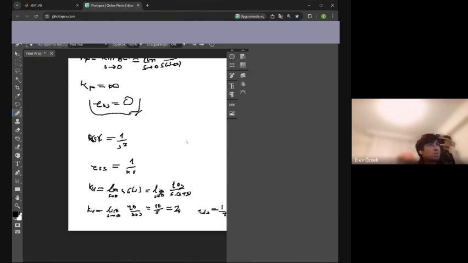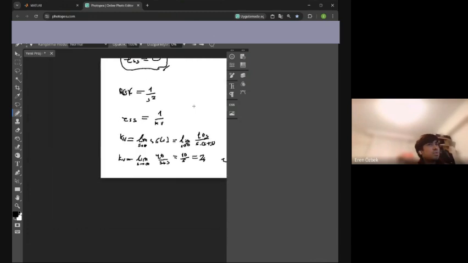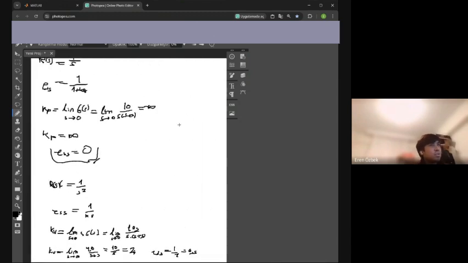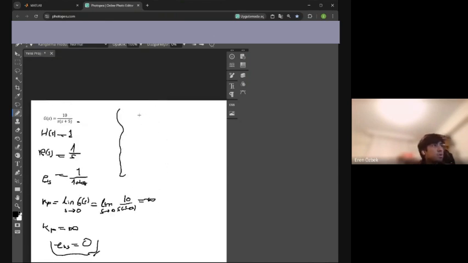Find natural frequency and damping ratio. We first derive the closed loop characteristic equation. The characteristic equation is 1 plus G(s) equals 0, so 1 plus 10 over s multiplied by (s plus 5) equals 0.